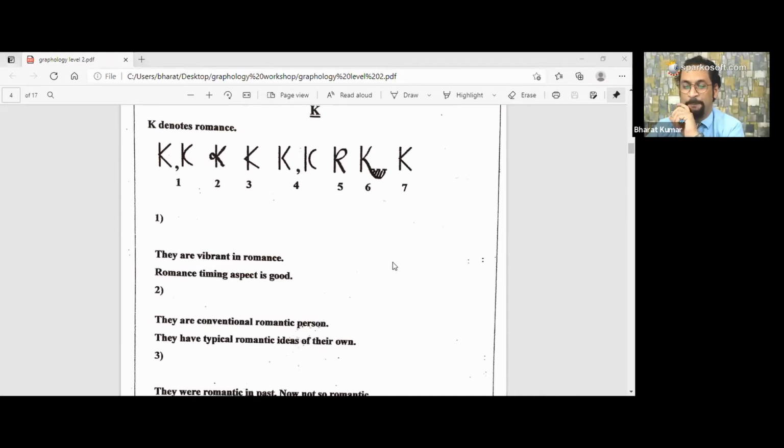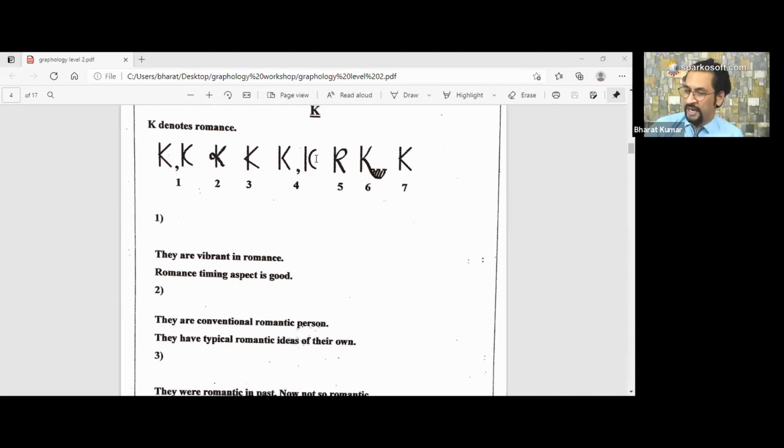So I repeat, check the 2 Ks given at number 1, perfect romantic people. The second type of K, the person has his or her own ideas of romance. The third kind of K, check, in this the central point is in the backside. They were romantic, but they are not romantic now. Earlier they enjoyed romance a lot, but they are not romantic now.